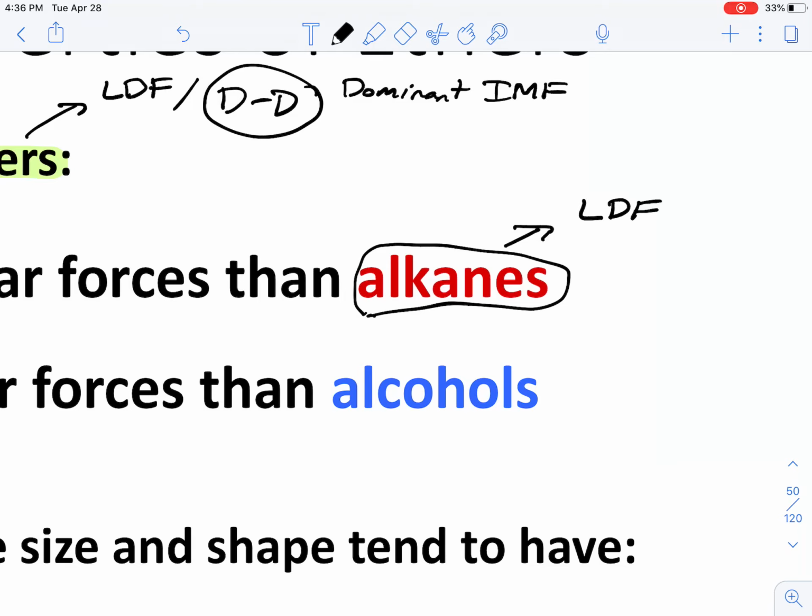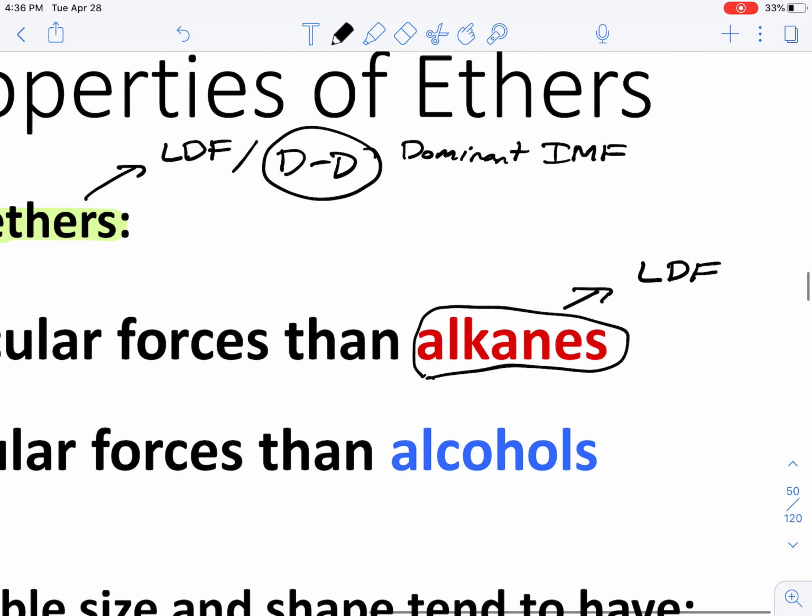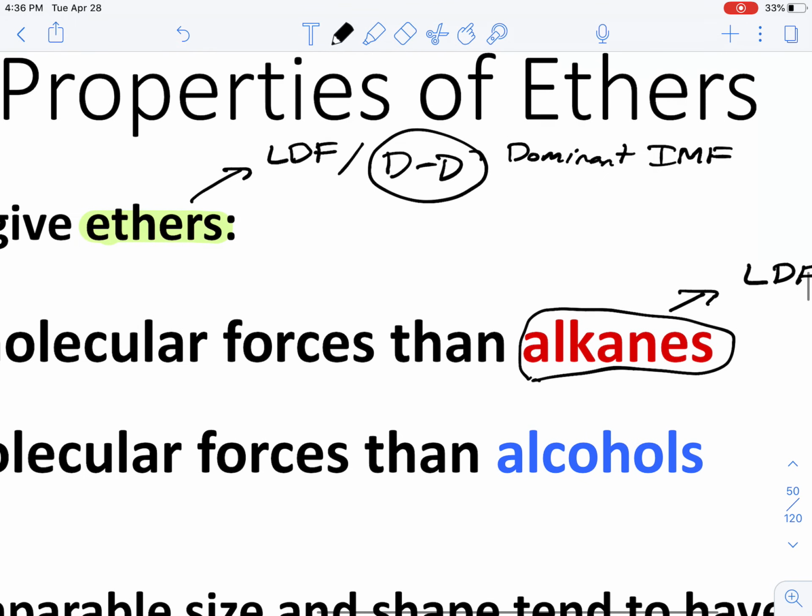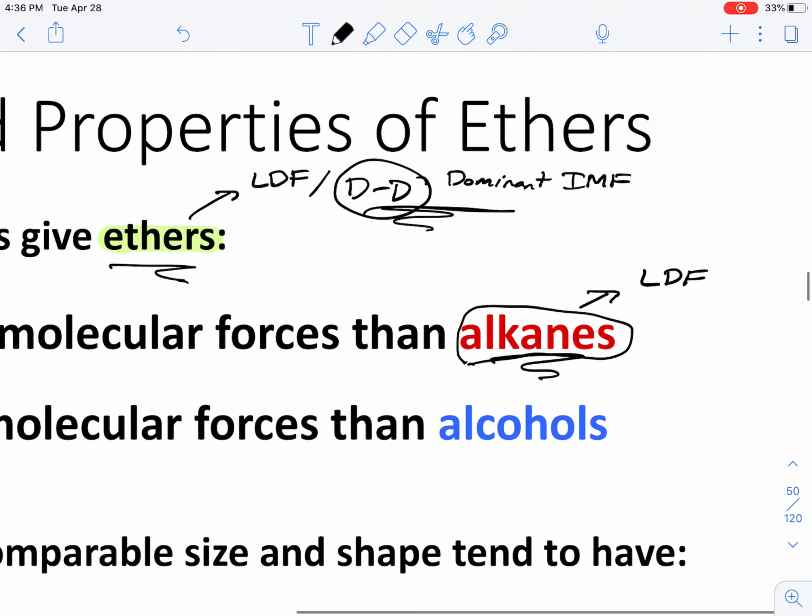And so with alkanes, the larger your molecules, the stronger those London dispersion forces are, because you have just so many of them because your molecule is big. But when you guys are comparing the same molecular weight between alkanes and ethers, since ethers can exhibit a stronger intermolecular force, they're going to have physical properties that are greater than alkanes.